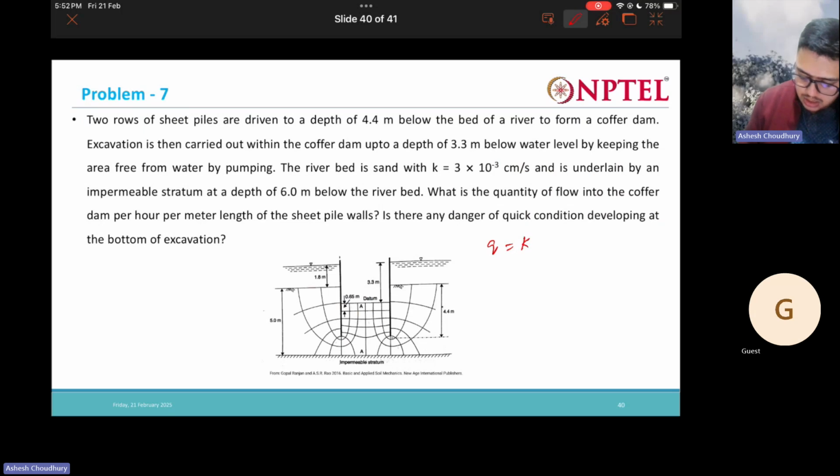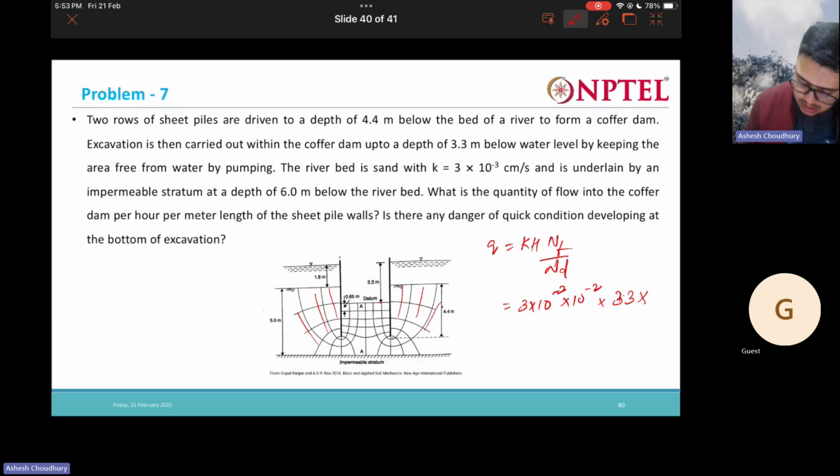Q is K H times Nf by Nd. Now K is 3 into 10 to the power minus 3, into 10 to the power minus 2, I convert it to meters, centimeter to meter. H is how much? H is not 1.8, it is 3.3. At this level, the head is 3.3, times Nf by Nd. So now how many flow channels? 1, 2, 3, and from this side also 1, 2, 3.